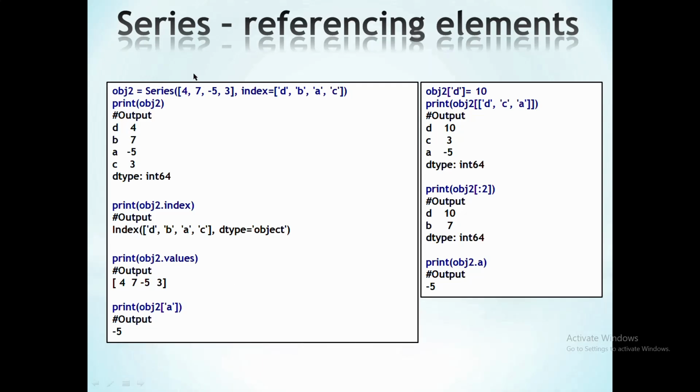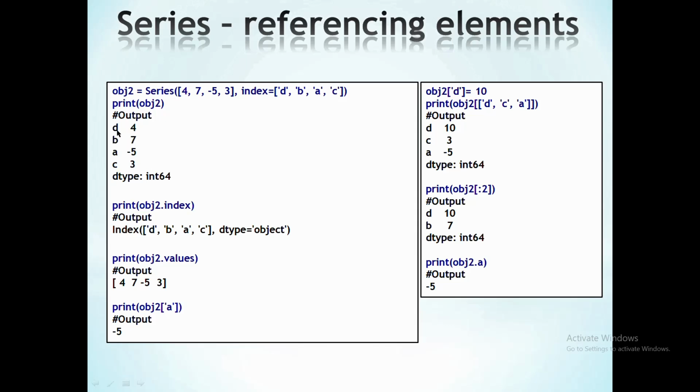Let's see another example of how to define the series. In the previous example we defined the data alone. Here we are defining the index also, which can be numeric or string or any other data type. In this object too, we are defining a series which holds data 4, 7, minus 5, 3 with the index D, B, A, C. When we print object 2, the output will be like this.